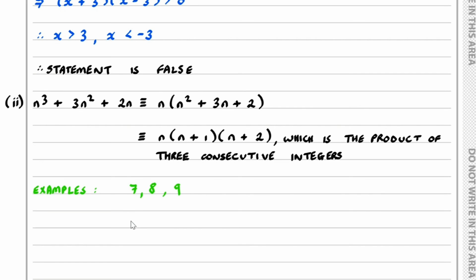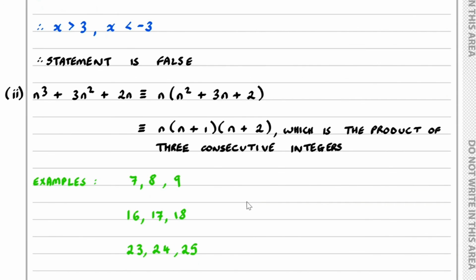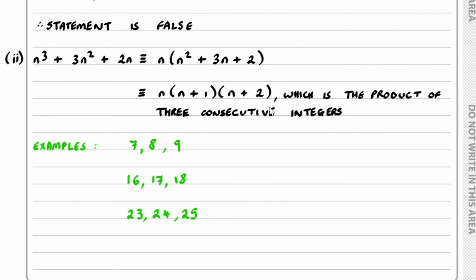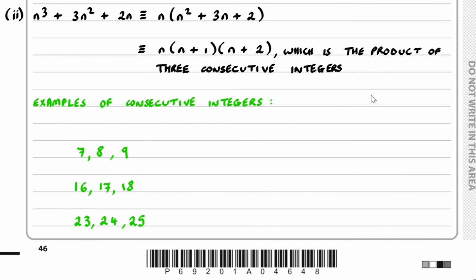I could have, well, we'll choose small numbers for now. I could have 16, 17, and 18. I could have 23, 24, and 25.